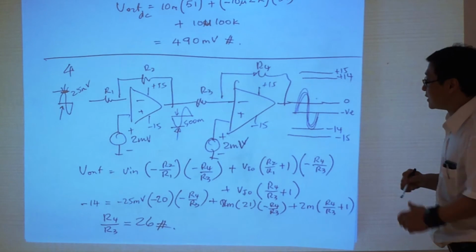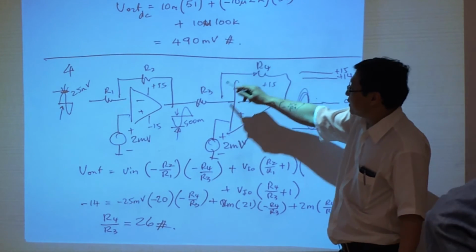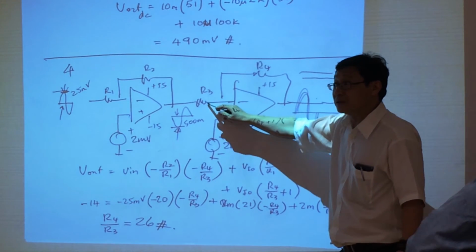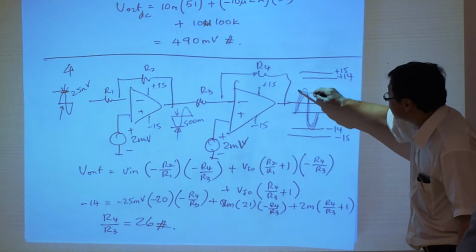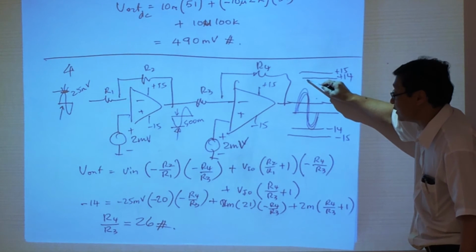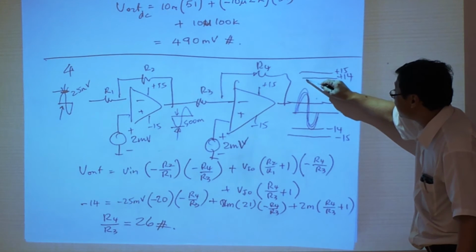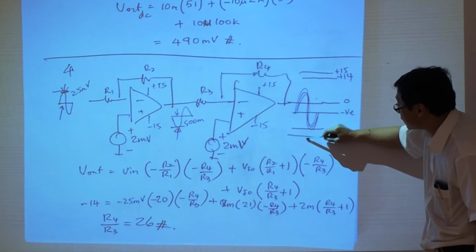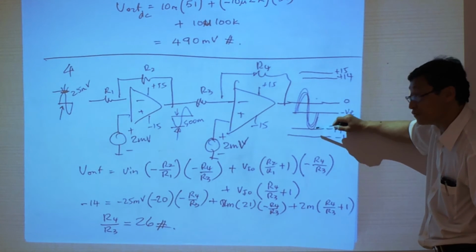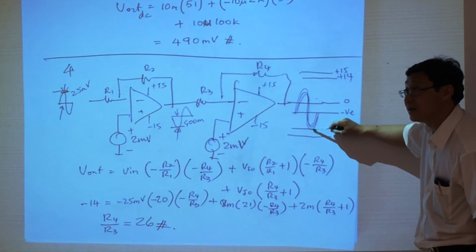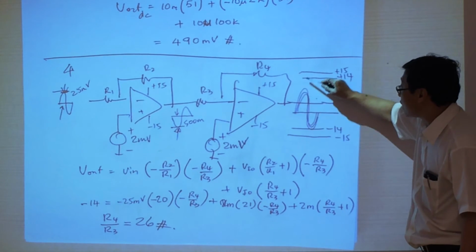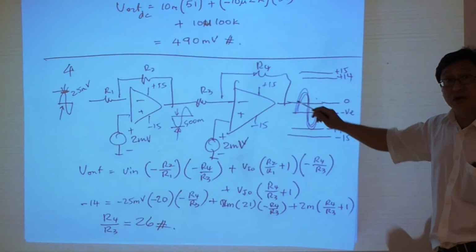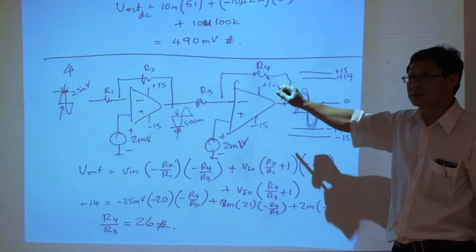In other words, if I choose R4 over R3 of 30, then this signal will touch positive 14. When this touches positive 14, the negative cycle will go further down, and therefore it will be clipped. And therefore the output will be distorted if you have a gain of plus 30.